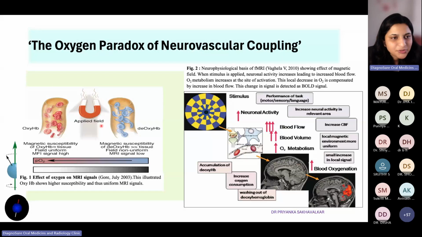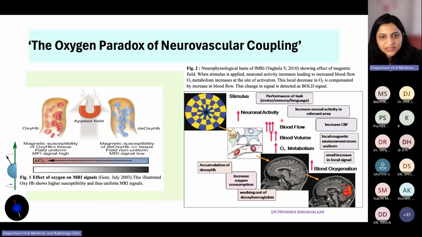This is the slide showing how functional MRI works and how these BOLD signals are responsible for the generation and detection of signal in functional MRI operation. Functional MRI is based on the principle of neurovascular coupling. When a task is performed, such as inducing pain, neurons consume more oxygen locally.